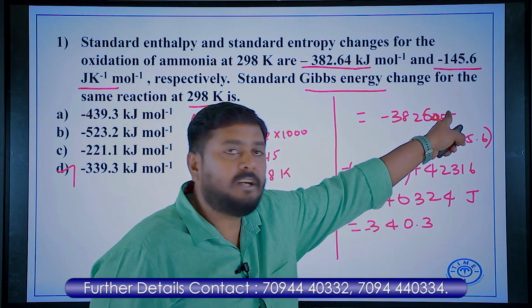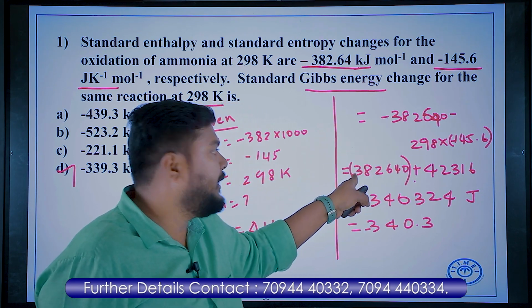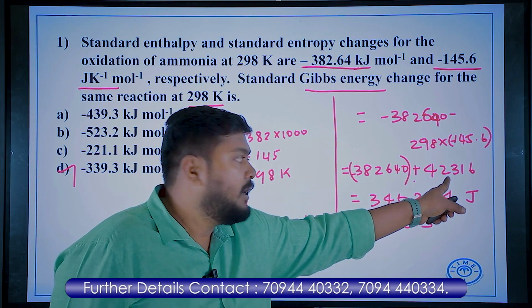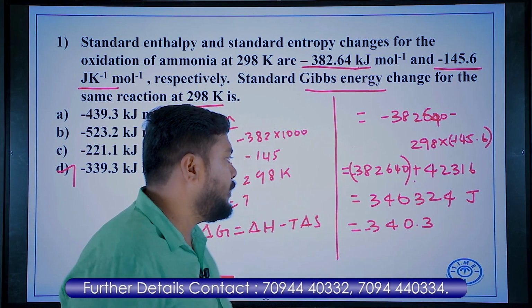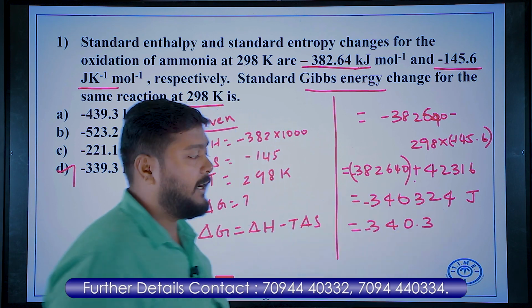Here you have one minus, here you have one minus. So minus into minus will become plus. So I have brought this minus here as it is. If you subtract these two, 382,640 plus 42316, you will get minus 340,324, right?